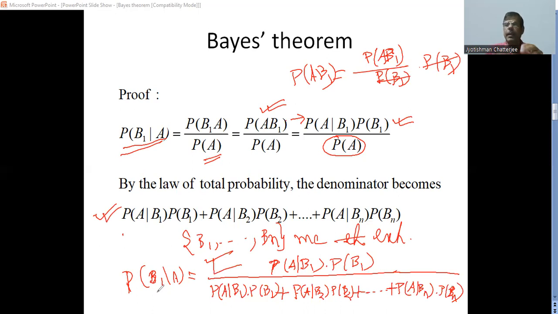Often what happens, the forward probability calculations are a lot easier, or the way the structure is built, often the forward direction conditional probabilities like P of A given B1, that's what I'm calling forward moving conditional probabilities, P of A given B2, often the way our real life scenario is structured, these things are a lot easier to know or compute.